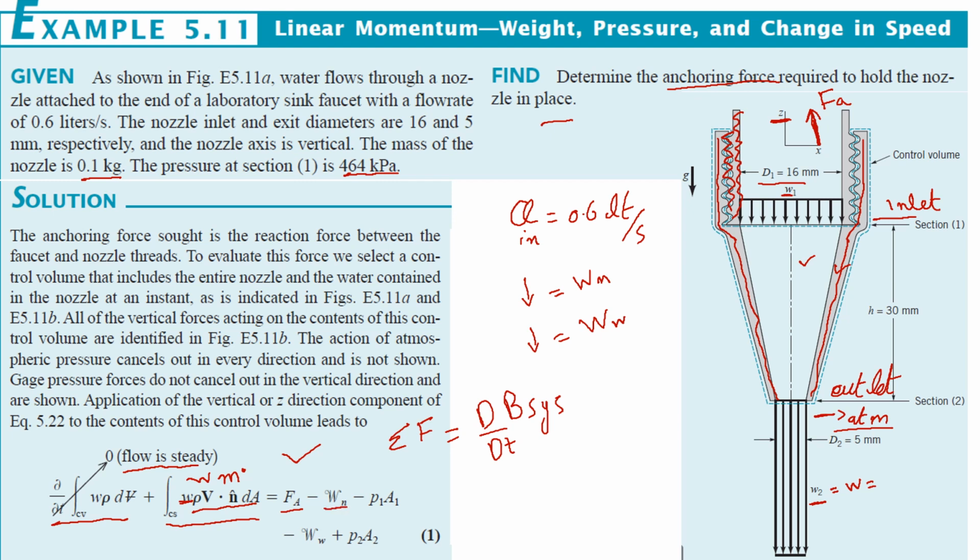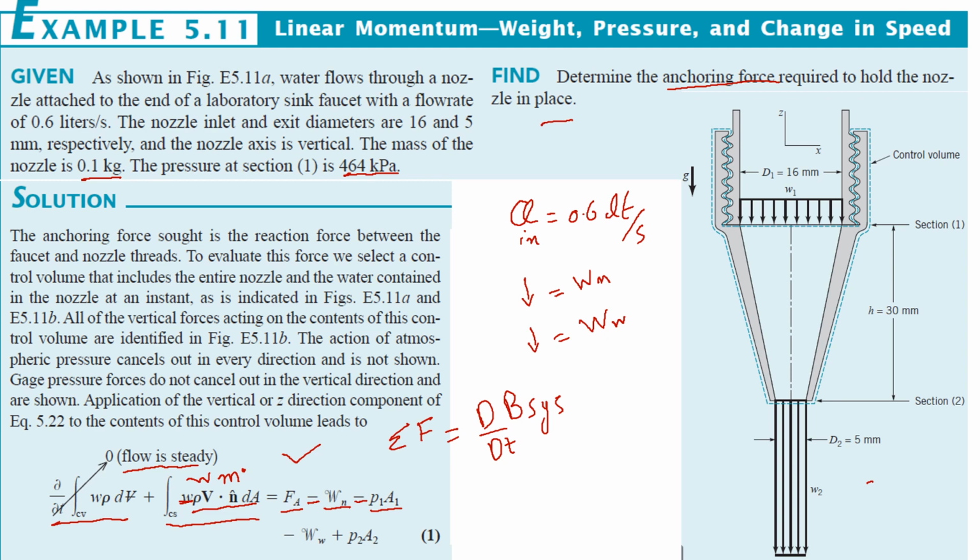Then the weight of the nozzle, directed downward, so it is negative. Then the pressure force at section 1. Our control surfaces will be subjected to pressure forces. There are two control surfaces, one at section 1 and the other at section 2. Section 1 will be subjected to pressure forces, and section 2 will also be subjected to pressure forces.